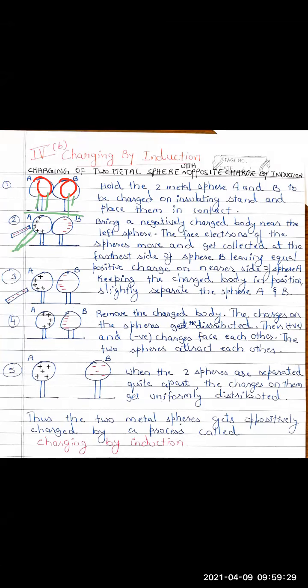The left sphere is your sphere A. Here the spheres A and B are in contact with each other, right? So all the positive charge which is present in both A and B will be attracted towards the left side, towards the side of the negative rod where you have kept the negative rod, right?